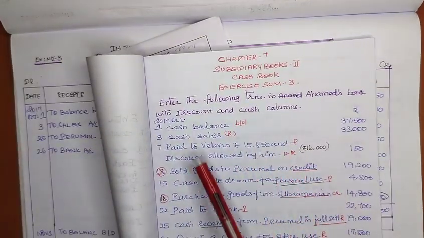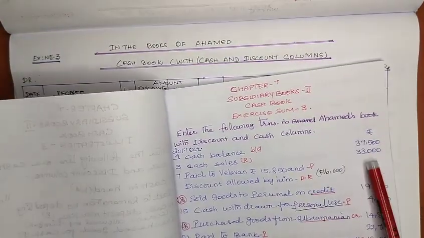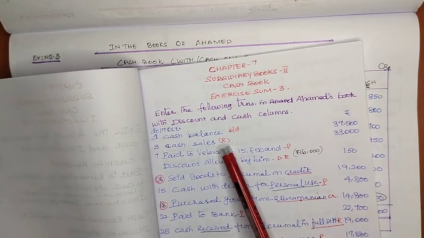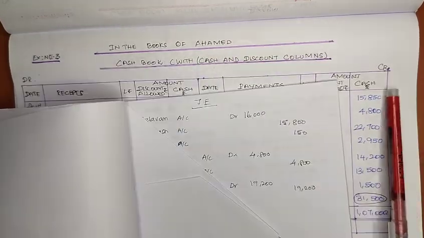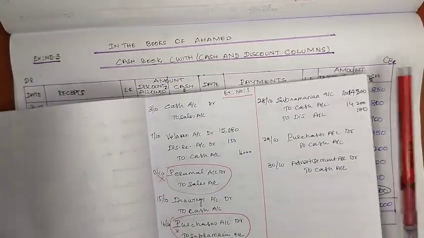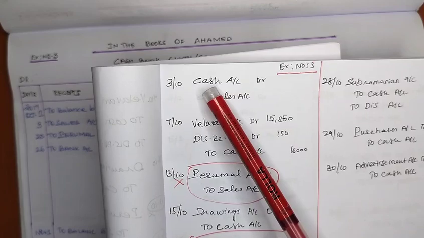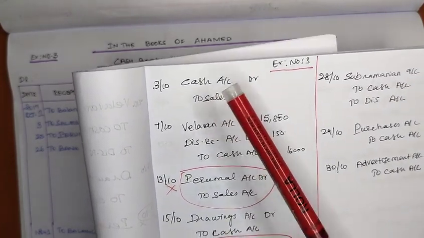The next transaction is cash sales rupees 33,000. Cash sales means receipt. What is the journal entry for the cash sales? Cash sales means you received the cash when you generate the sales, right? So cash comes into your business.